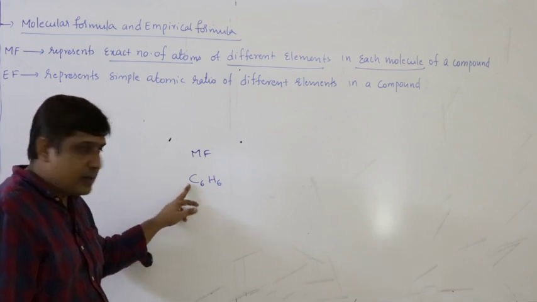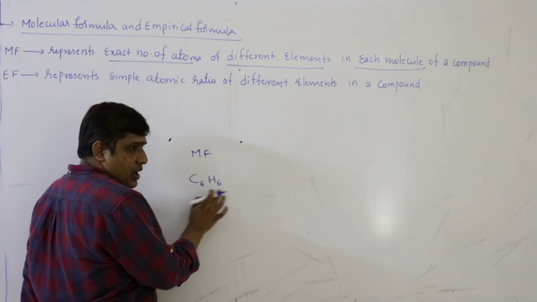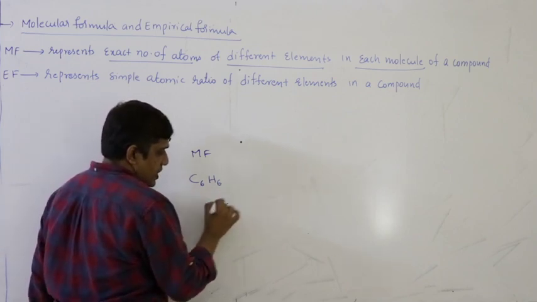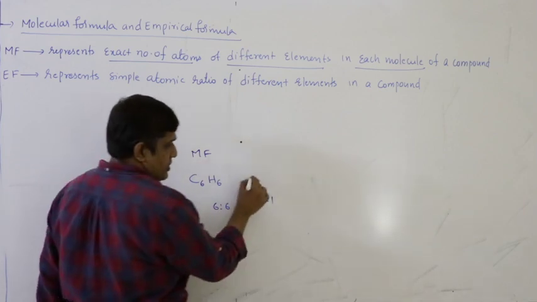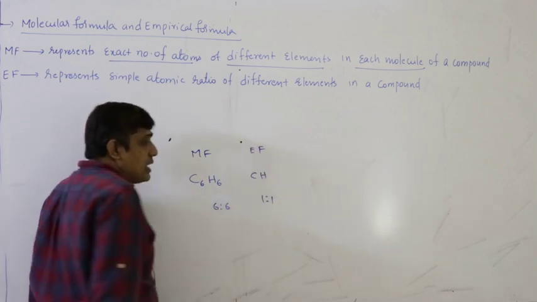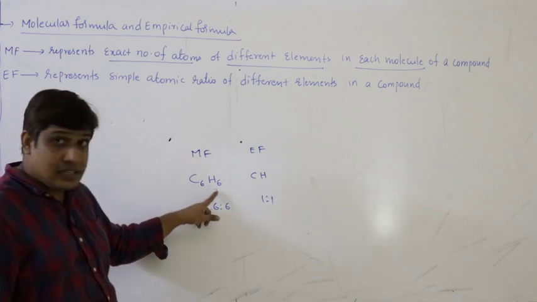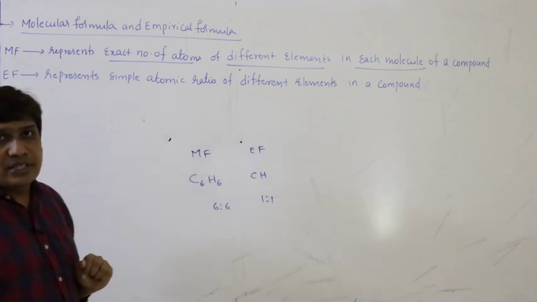But if I take this atomic ratio 6:6, if I simplify this, mathematically I will get 1:1. That means CH. CH becomes empirical formula of benzene, where C6H6 is molecular formula.